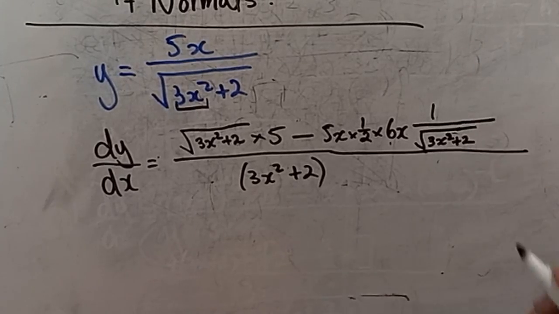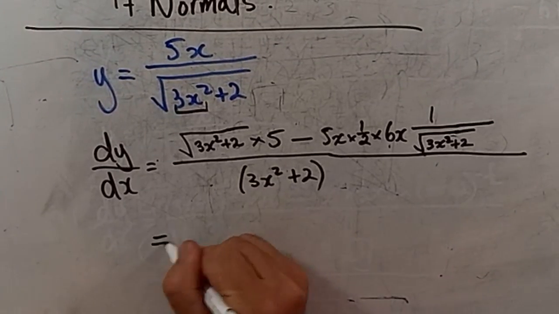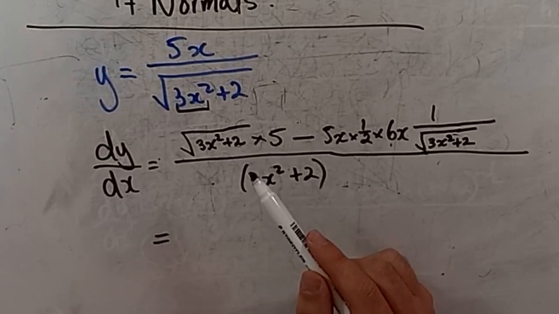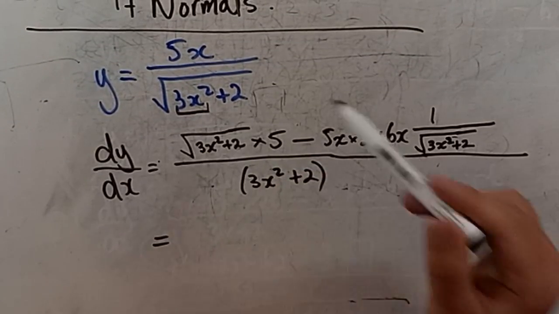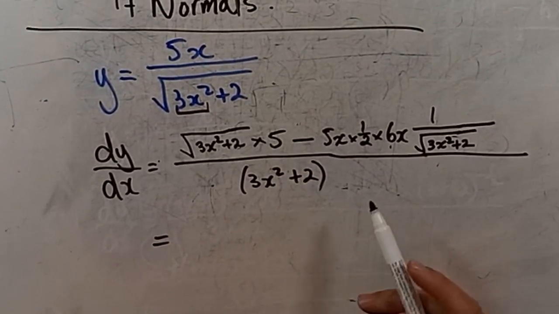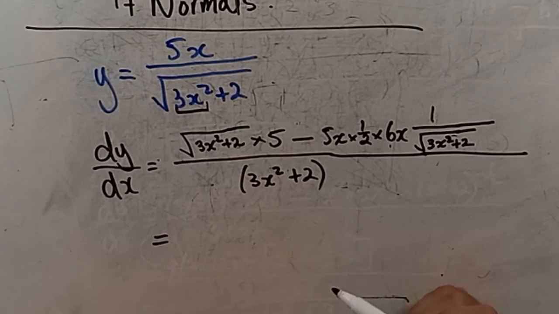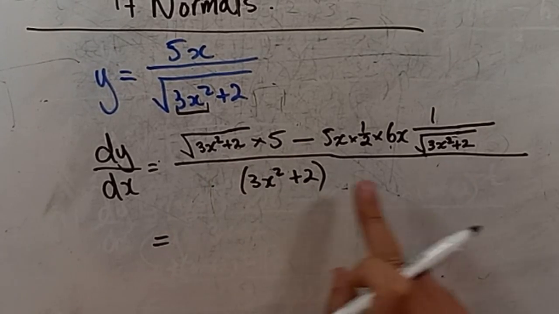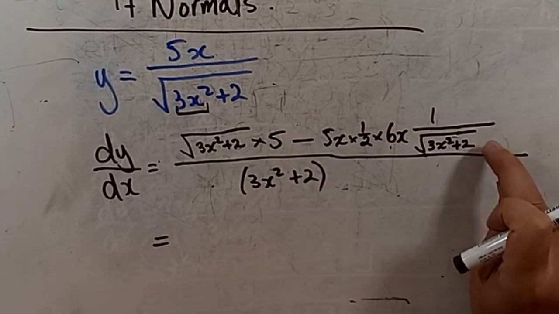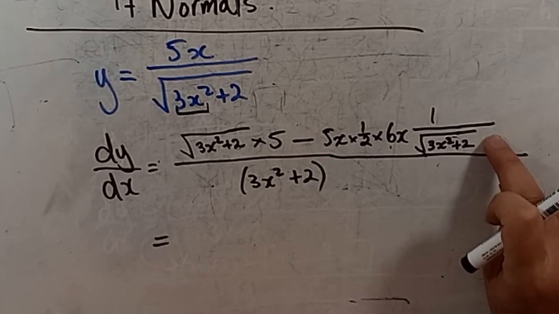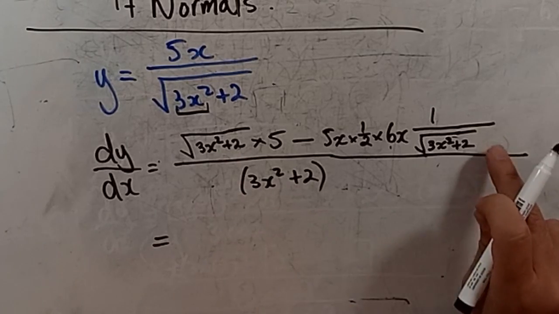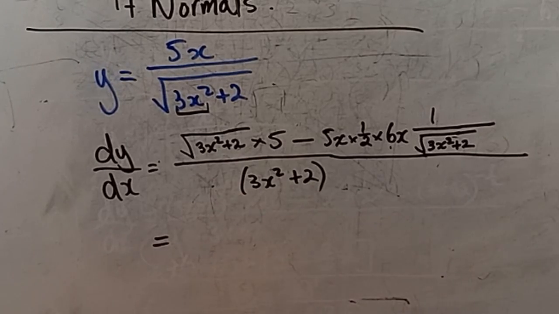Okay, so instead of using index notation, I've used the square root notation, and we can simplify this by putting this over a common denominator. All of this has a denominator of square root of this, so I want this to have the same denominator, so I'm going to multiply it by square root 3x squared plus 2.